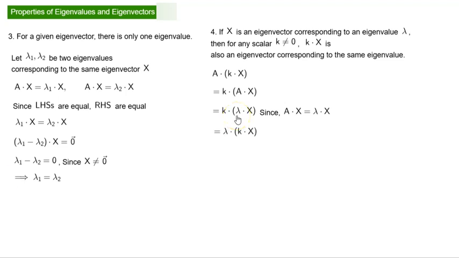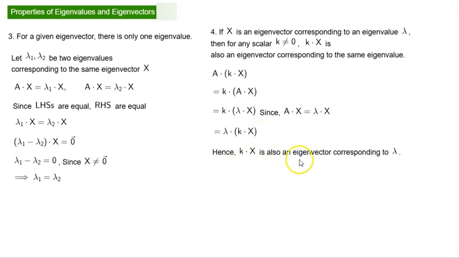Now, lambda is the eigenvalue. Let's take it out. And k being a scalar, let's bring it in. So we have lambda times k times x. Which means A times k times x is equal to lambda times k times x.